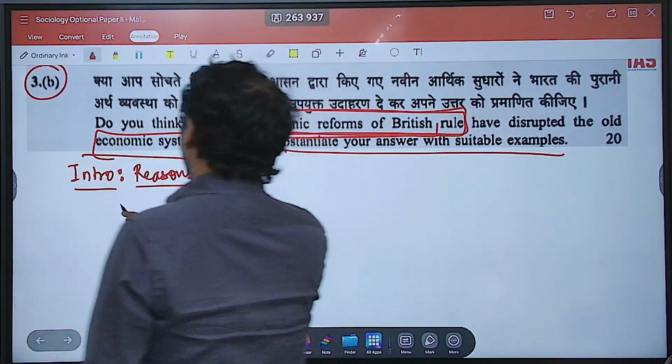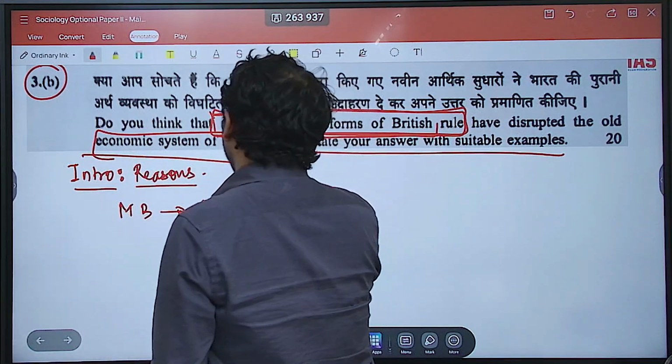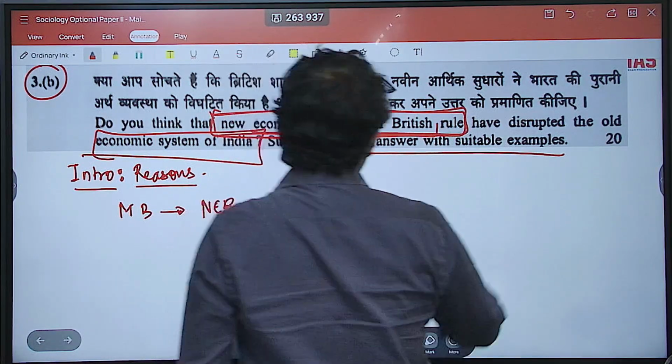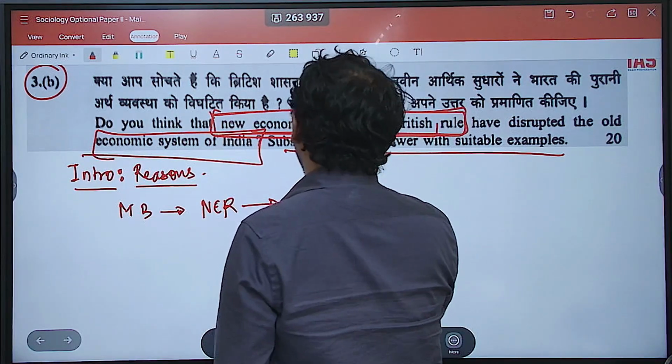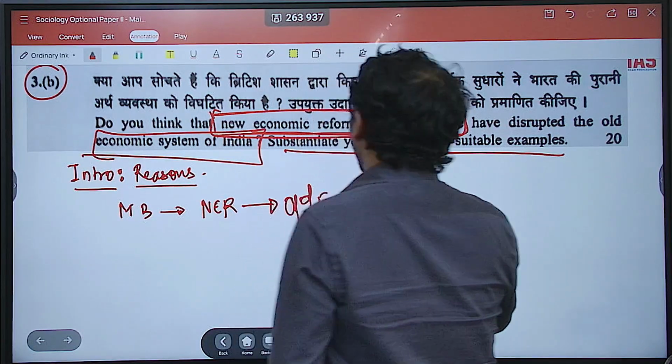Then in the main body, we are going to talk about what are these new economic reforms and how did they disrupt the old economic system of India.